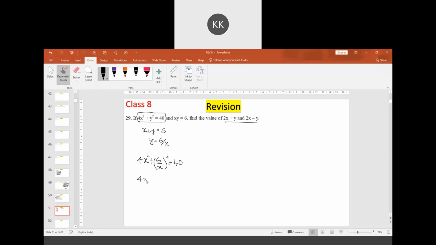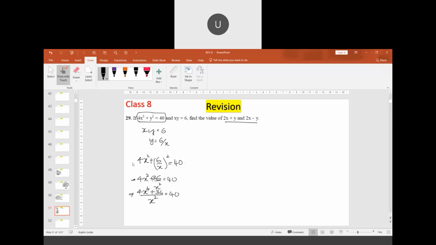Let us simplify this. This will be 4x square plus 36 divided by x square, which is equal to 40. Now we have to take the LCM. LCM will become x square. So this has to be 4x to the power 4 plus 36 equal to 40.